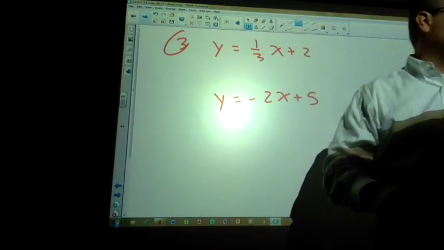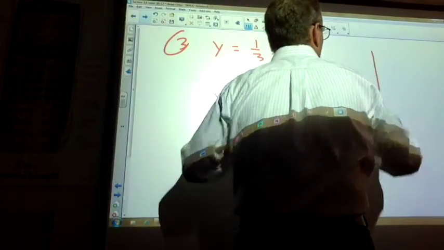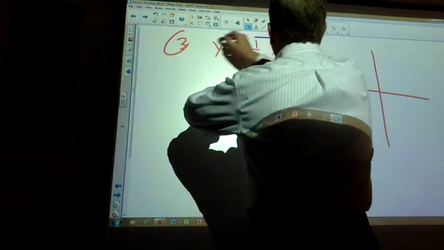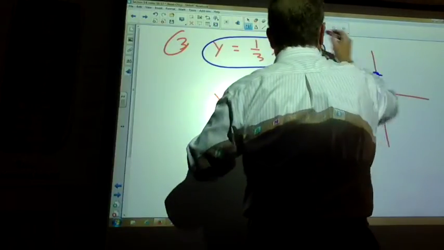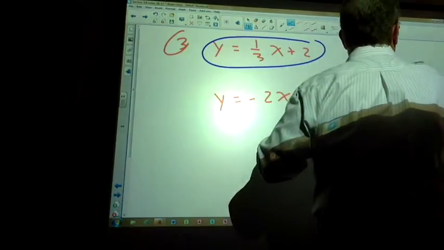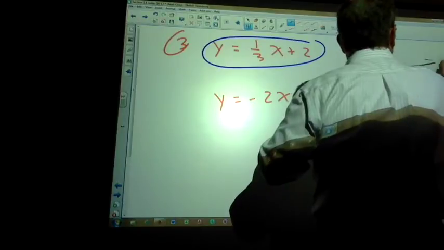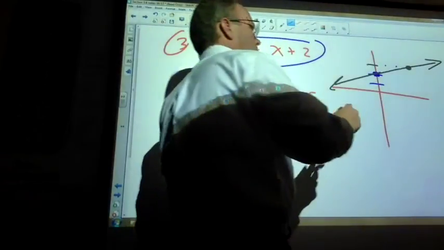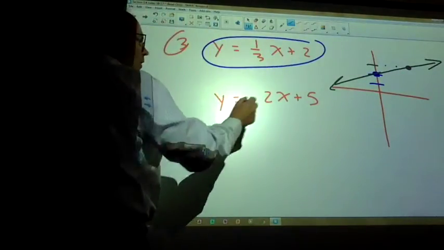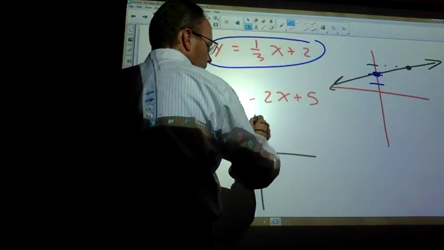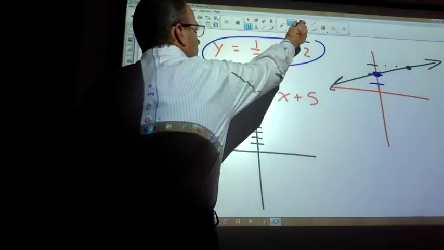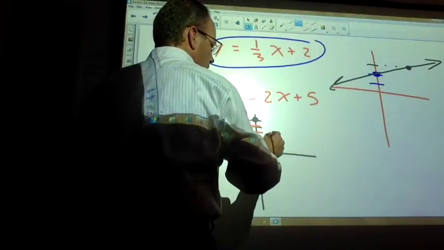Steepness is not saying if it's positive or negative. So if I look at this line, I start at plus 2, and from there I'd go up 1 over 3, so it goes up 1, right 3. This other one, if I were to graph it, I'm going to go down 2 and over 1.